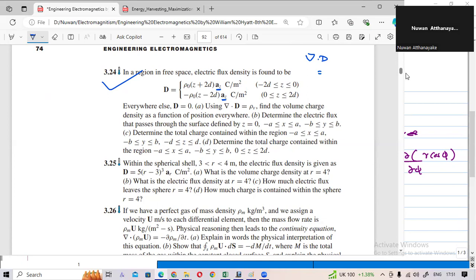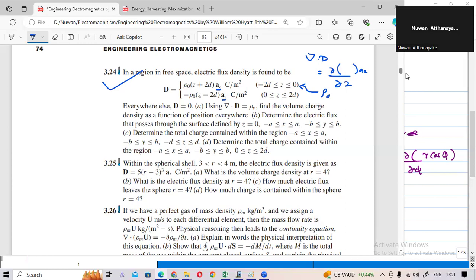So you have to take the partial derivative of this AZ part with respect to Z. Okay. So within this limit, if you differentiate this with respect to Z, rho naught Z, you will have rho naught, and 2D is a constant, so it will be 0.